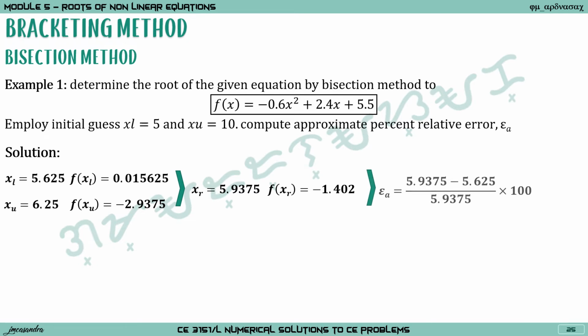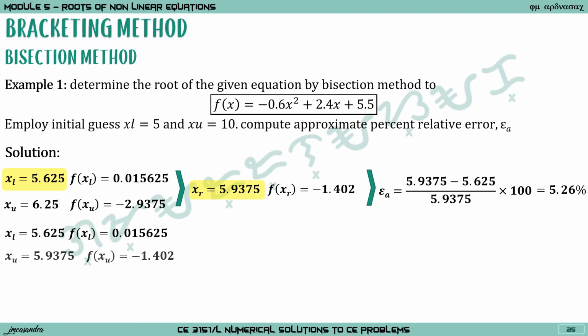Computing for our error, we get a value of 5.26%. So it's still a big error. And then we have f of x sub r is negative. So we get a new set of lower limit and upper limit for our next iteration.